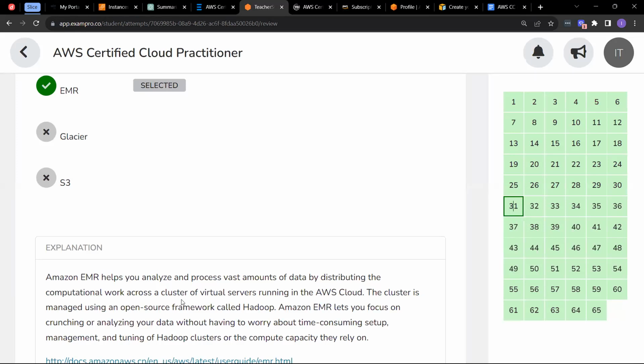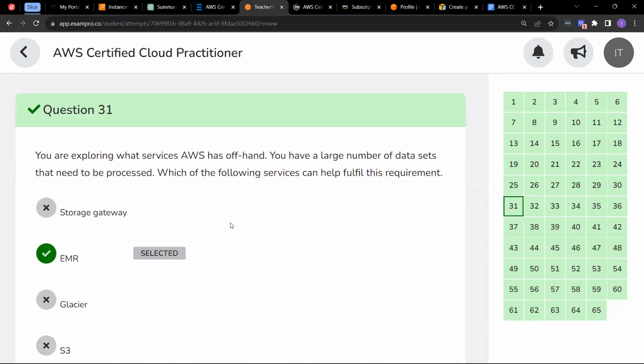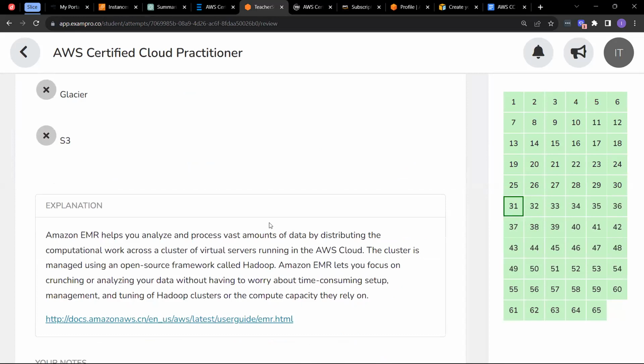The EMR is like a service that helps you process your data, and it's distributing these computations. So it means that you don't spin up those EC2 instances. There's a cluster of virtual servers already running on the cloud, right? The servers allow you to just process your data and then it distributes the work. So because it serves as an elastic load balancer, then definitely it's just a load balancer.